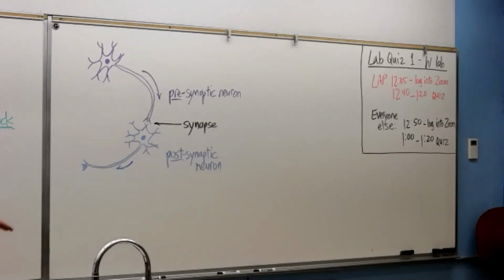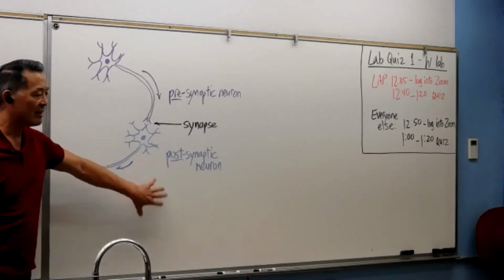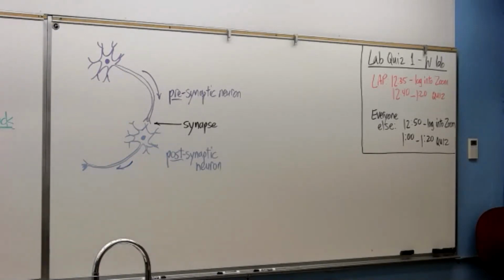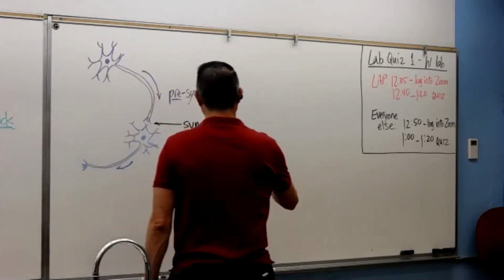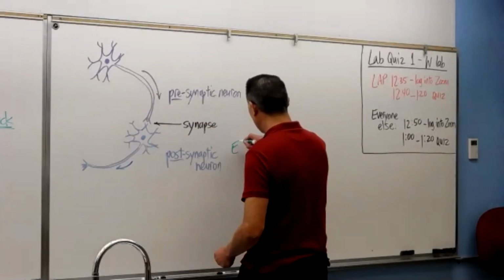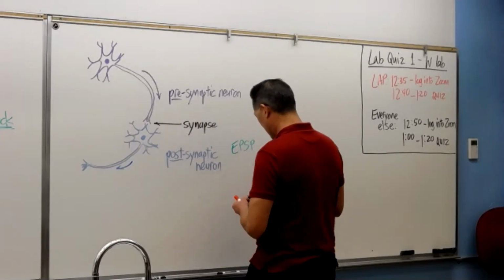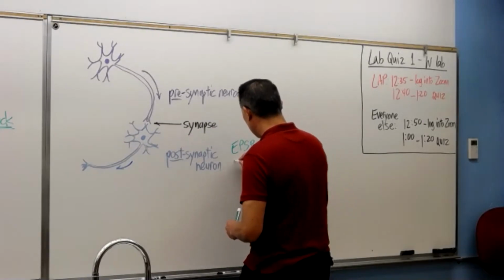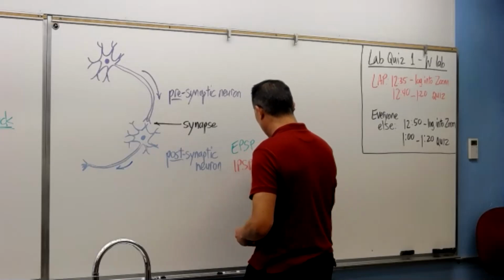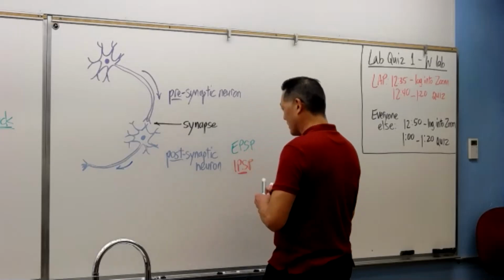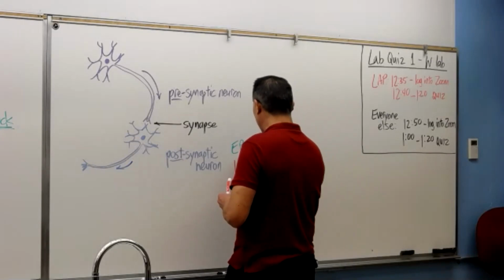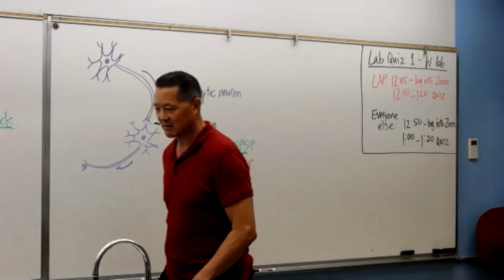Graded potentials are what's going on in the postsynaptic neuron, because if you look at the slide, the middle 2 letters of these terms stand for postsynaptic. They refer to this cell right here.